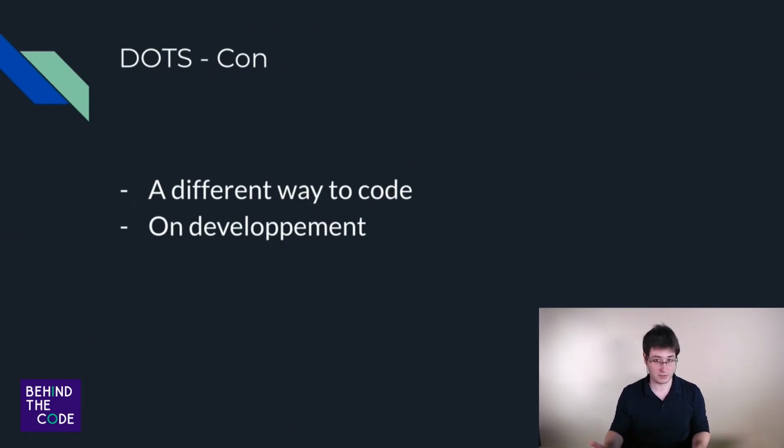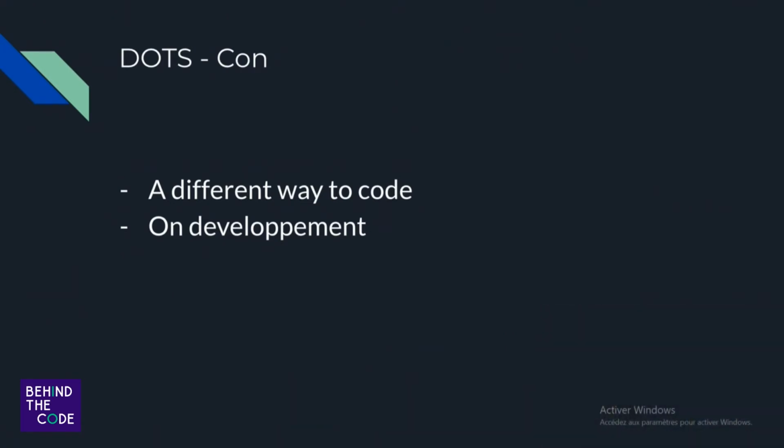It's not very easy every day to use DOTS, and it's in development, so the API will change. It's not finished, so you can have some bugs, and you don't have a lot of documentation on the internet for now. So that's it for me.